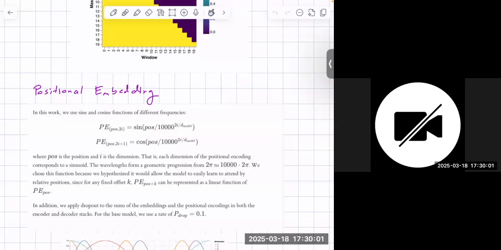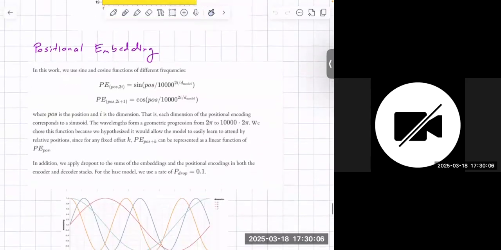What is the hard coding? Every coordinate of this gigantic vector will be a sine curve. It's kind of a crazy idea. So this is literally how it goes. For the vector corresponding to a certain position, this coordinate of that vector will be this, and this coordinate of that vector will be that.